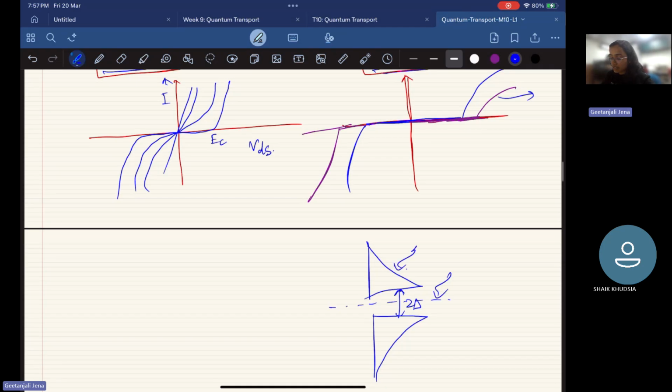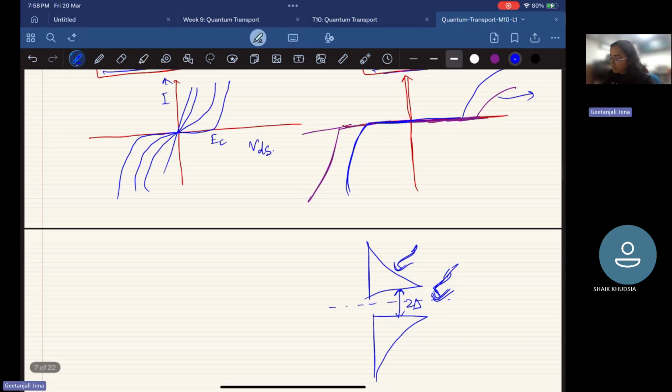Also, these single particle or quasi-particle states can also show the Coulomb blockade oscillation. But the range of voltage is different for single particle or quasi-particle states and for the Cooper pair. And this is what's shown here.